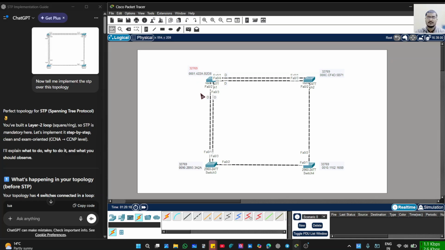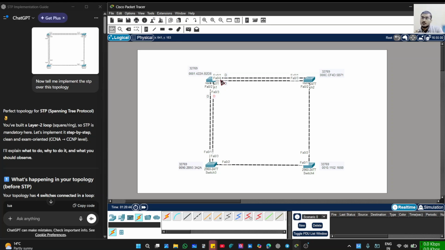Once that is done, we proceed to the root port. Before that, we have to understand the D, which is a designated port. Sorry, this is not for the root port; this is only for the root bridge.